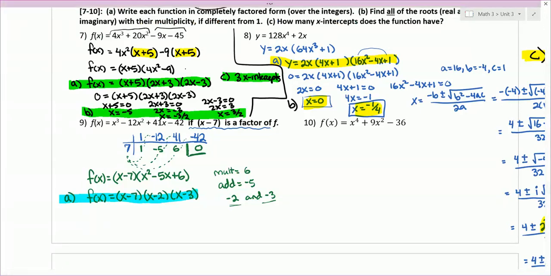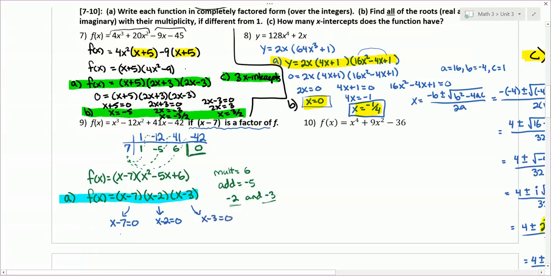Part B, we want our zeros, so we end up taking each factor, setting it equal to 0, and solving for x.